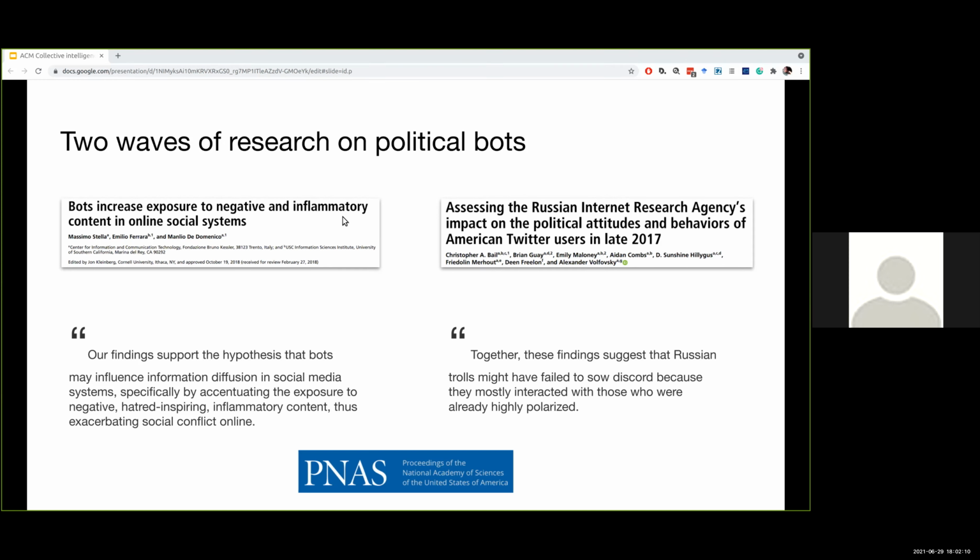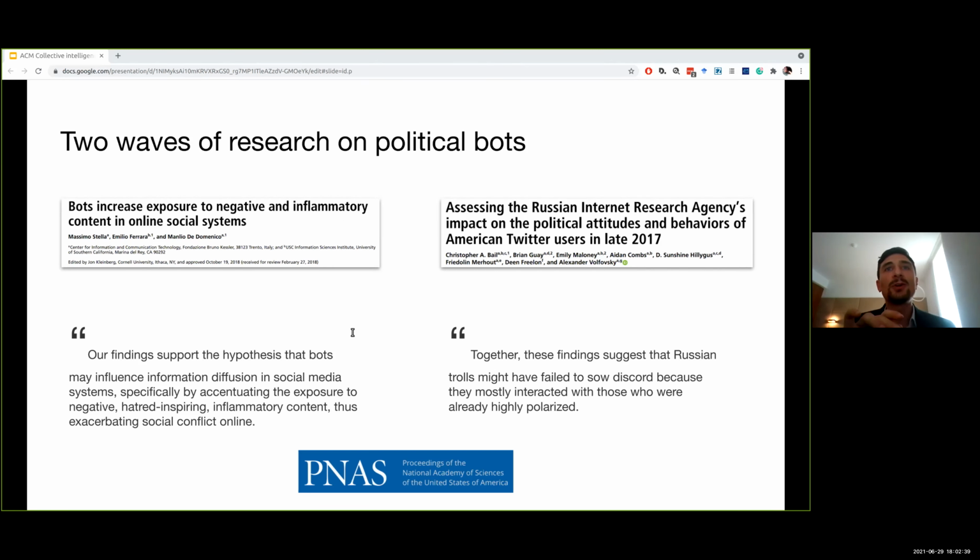This paper is by Stella and colleagues, and they mapped out the network of interactions between bots and human agents on Twitter. The authors concluded that bots may influence information diffusion in social media systems, specifically by accentuating the exposure to negative, hatred-inspiring, and inflammatory content, thus exacerbating social conflicts online.